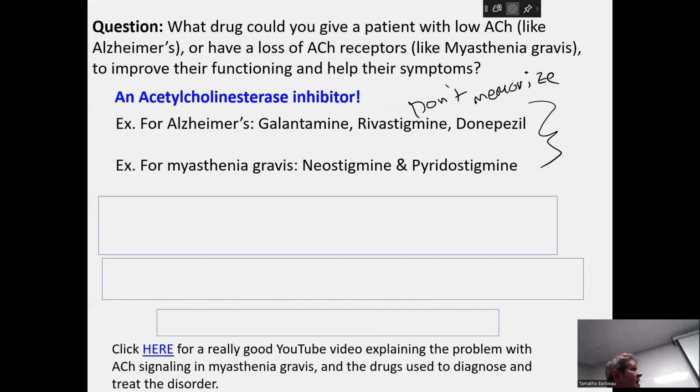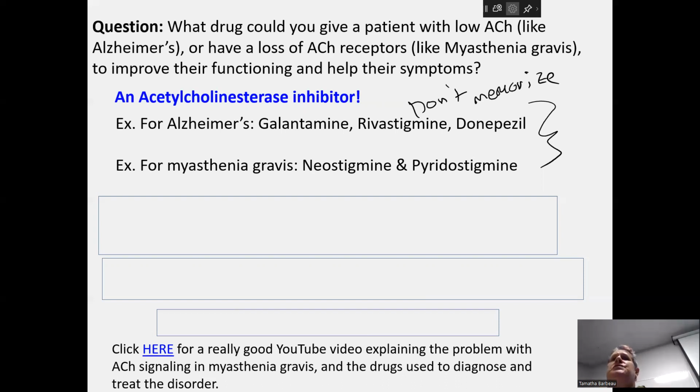For myasthenia gravis, neostigmine, pyridostigmine, they are acetylcholinesterase inhibitors, but they're pharmacological drugs. And so you can alter doses and all that stuff. And it's been studied, FDA approved, and then marketed. So that will prevent acetylcholine from breaking down in the synapses with all those muscles and glands, so that their skeletal muscle has extra acetylcholine for the few remaining receptors that are there.